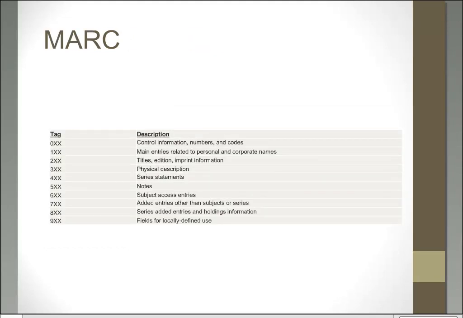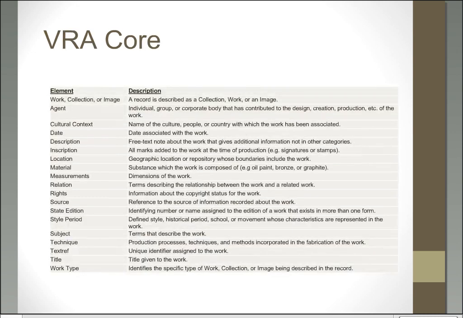MARC, this is an example of MARC. If you've used it for books in your library catalog, you may be familiar with it. It's a standard for representing bibliographic and related information in machine-readable form. If you're already using this for other things, this is a good option. VRA Core, this is where I was talking about you can have the work, the collection, and the image level.